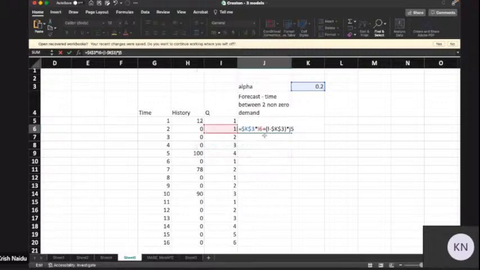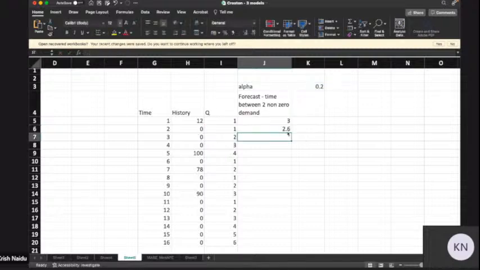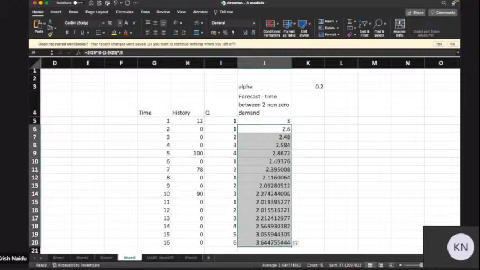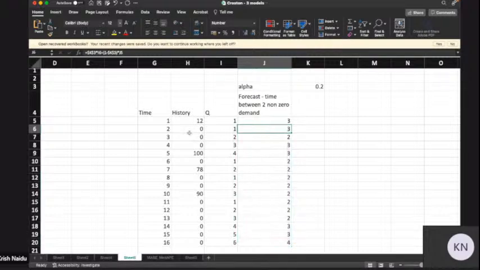For the equation, P3 into I6 plus 1 minus P3 into J5. So this is my forecasting for the time period between two non-zero demands. So here we are getting, first one is 3, second one is 3, here 2, okay, 2, and here again 3. Right? This is the forecast which we got from this model.